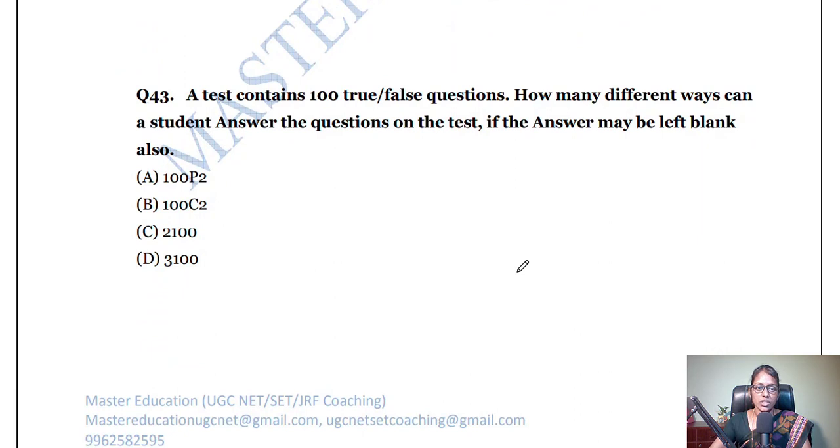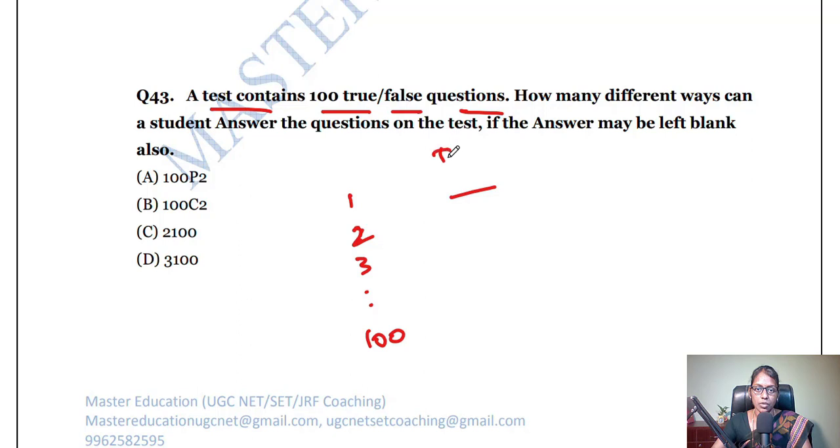The next question is a test contains 100 true/false questions, 1, 2, 3 up to 100. Either it may be true or it may be false. How many different ways can a student answer the questions on the test if the answers may be left blank? So blank is also one option.